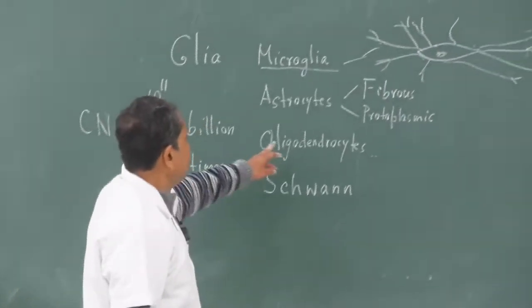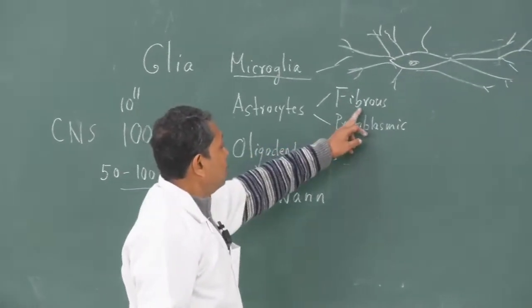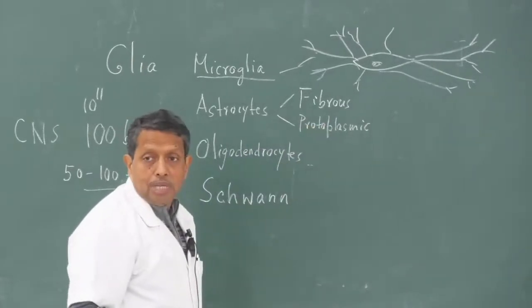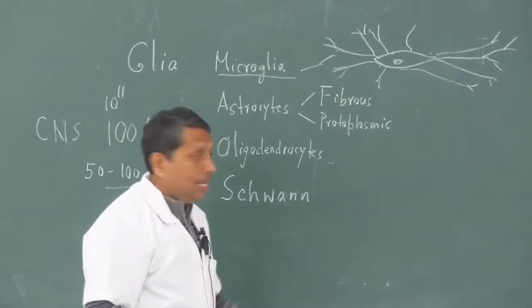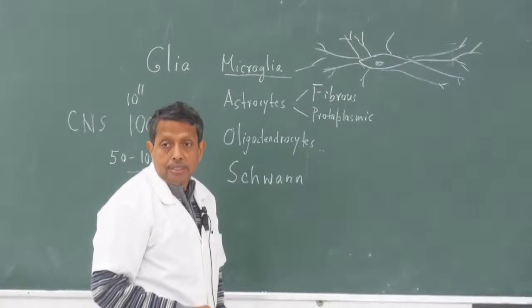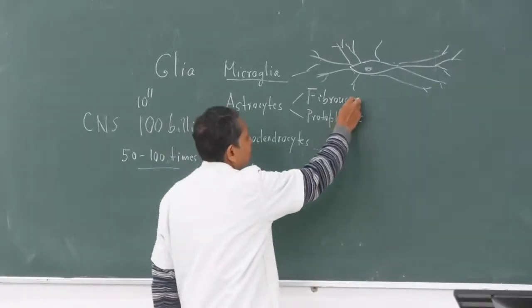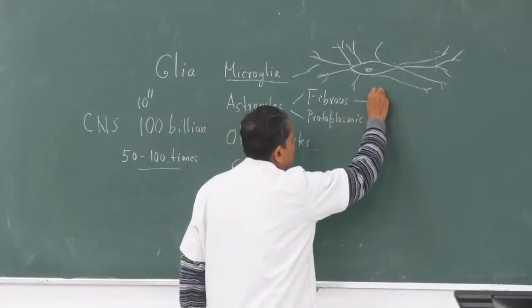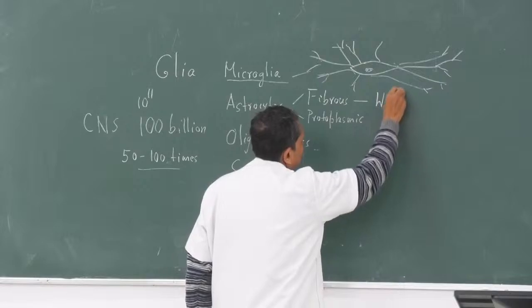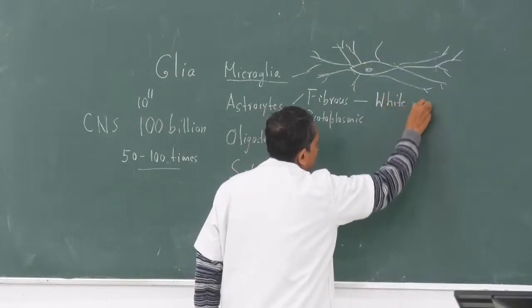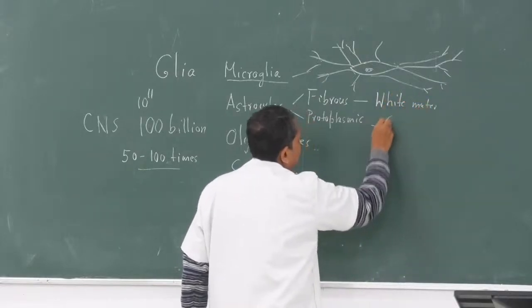And astrocytes have two types, fibrous astrocytes and protoplasmic or granular astrocytes. Fibrous astrocytes are present in the white matter, and protoplasmic ones are in the gray matter.